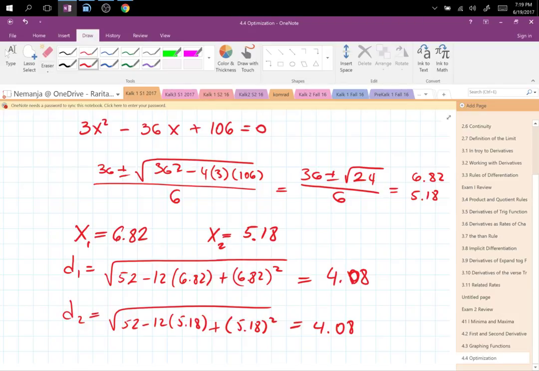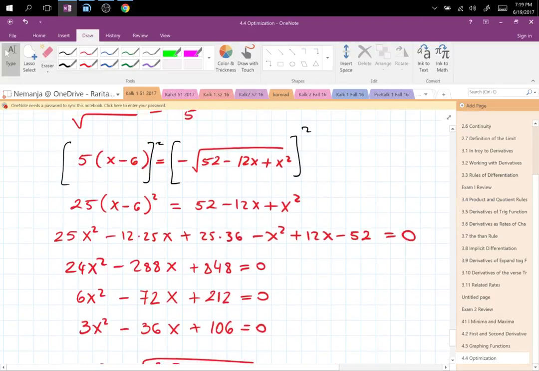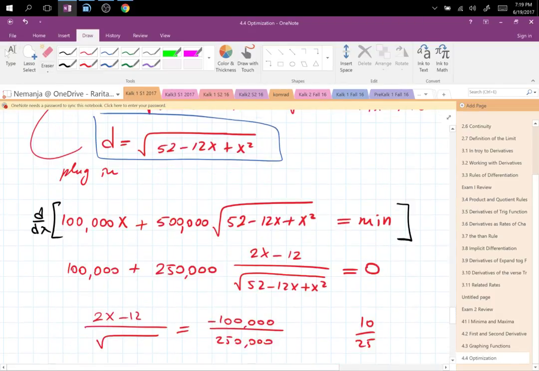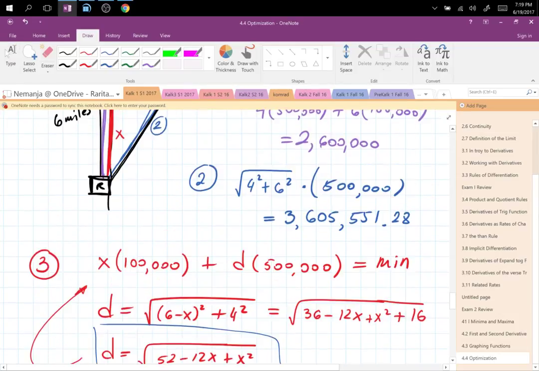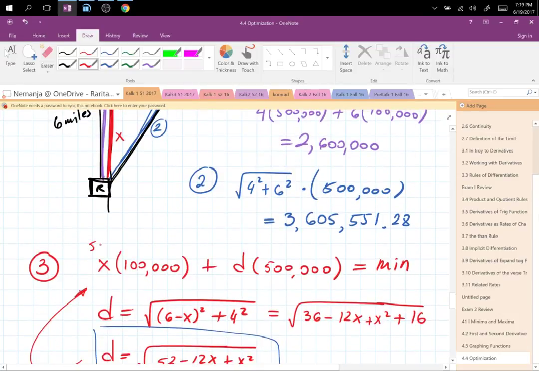So we'll use 5.18 and 4.08, and we should have the lowest prices. If all calculations worked out fine without any mistakes, that should be it.